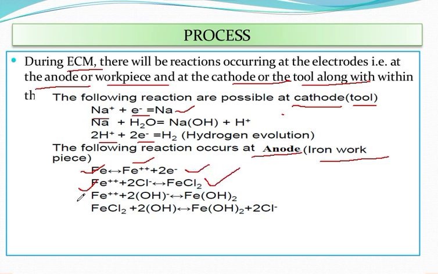Next you can see Fe++ plus 2OH- gives you Fe(OH)2. And last, FeCl2 plus 2OH- gives you Fe(OH)2 plus 2Cl-. So these are the reactions that are basically occurring at the cathode, and these are the reactions that are occurring at the anode.